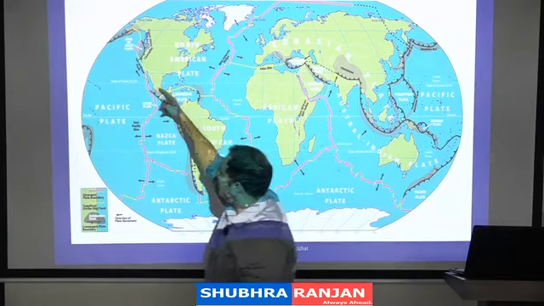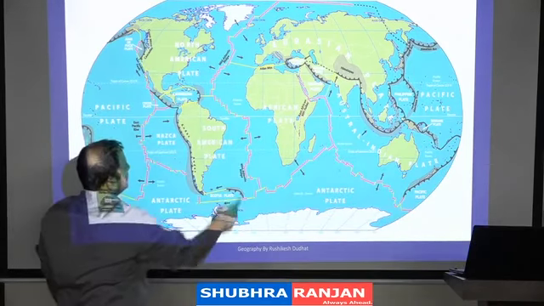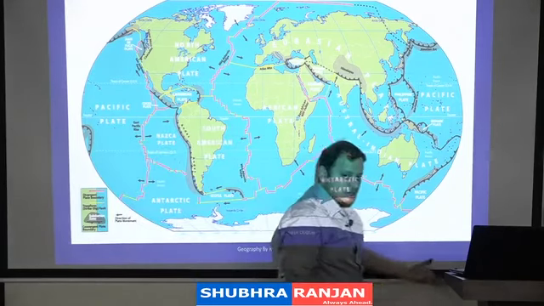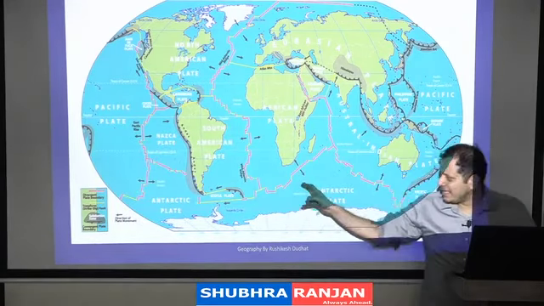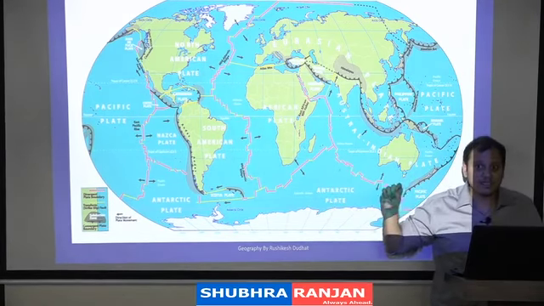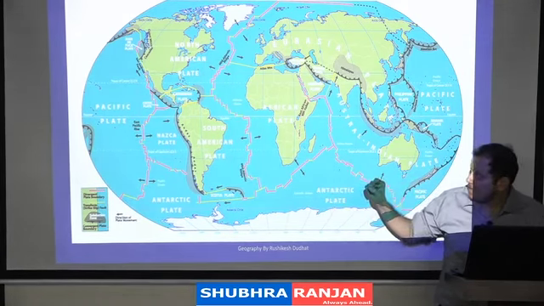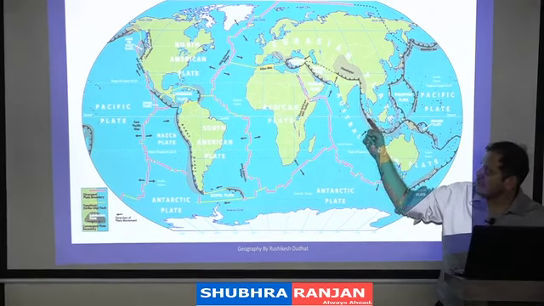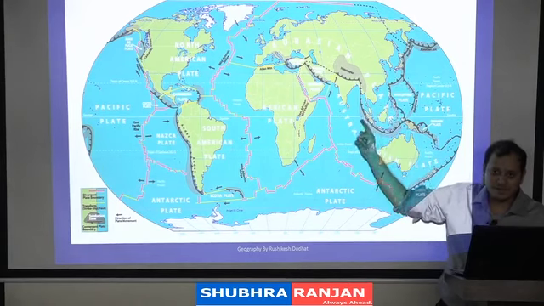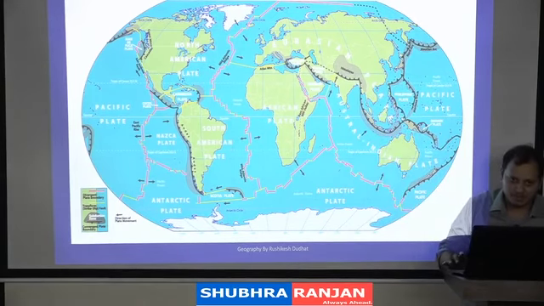Pacific ring of fire. And what is this? Mid-oceanic belt. Mid-oceanic ridge or mid-oceanic belt. So the red color is divergent plate boundary, the yellow color is transform plate boundary, and where these arrows are given, that is an example of a convergent plate boundary. Fine with this?